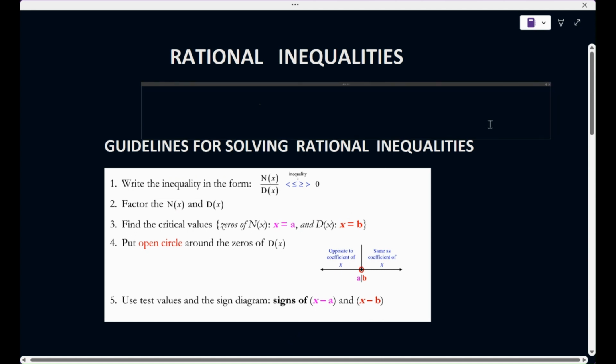In this video, we'll be looking at rational inequalities. What are rational inequalities, and how can we solve them?